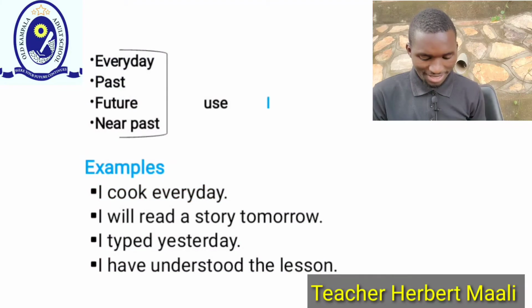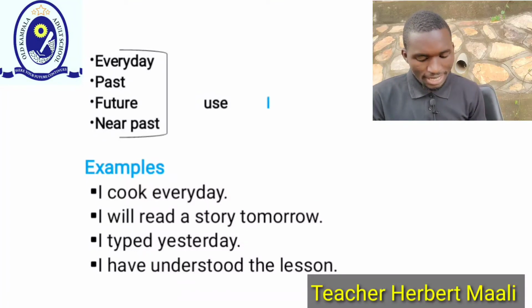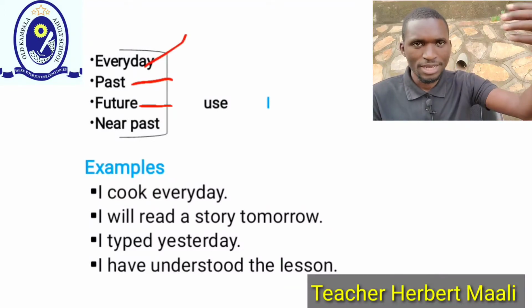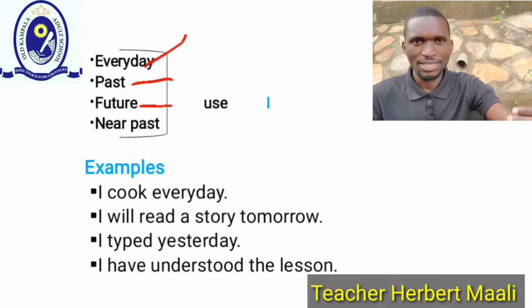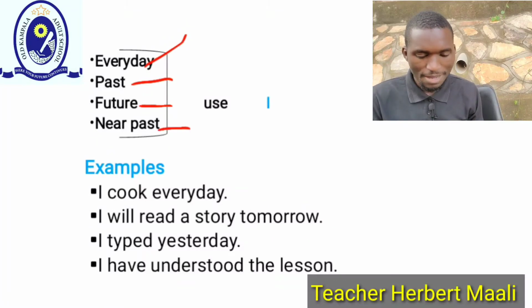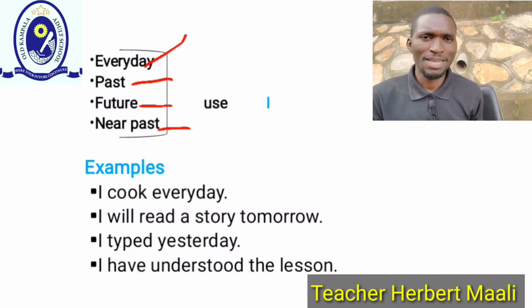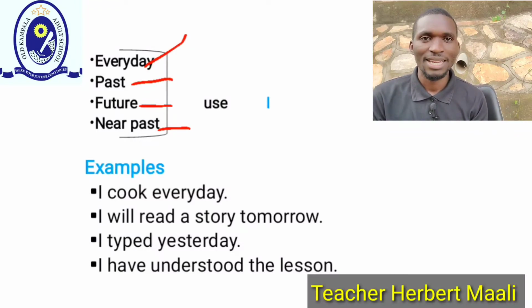Okay? So this is very simple. I have made it very simple for you, and I'm sure you will understand it better. So if you talk about every day, if you talk about the past, if you talk about the future, like tomorrow, next week, next year, and if you talk about the near past, something you have finished a few minutes back, like 10 or 20 minutes ago, we use "have." I have written, I have eaten.